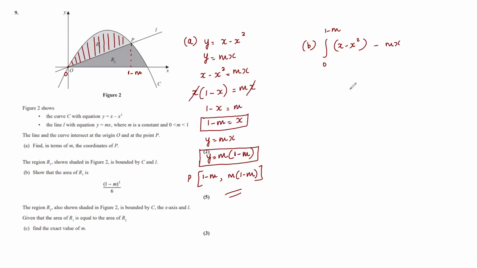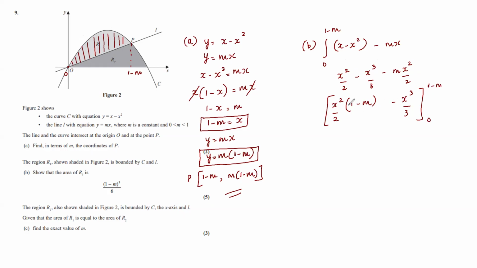Now you just have to integrate. Integration of x is x squared by 2. Integration of x squared is x cubed by 3, minus m times the integral of x, which is x squared by 2. Now x squared by 2 minus m x squared by 2, I can take x squared by 2 common here, and we will be left with (1 minus m), and then we have minus x cubed by 3. We need to apply the limit 0 to 1 minus m.